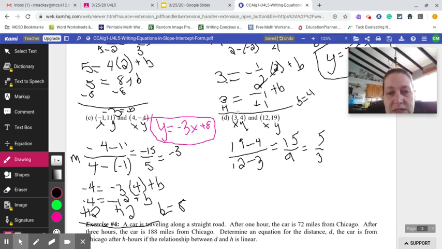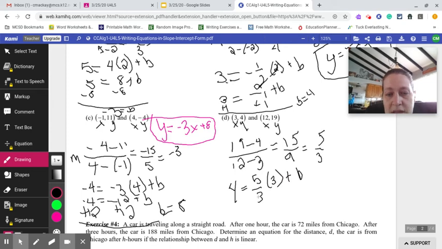So we're going to use the first set of numbers. We're going to use 3 and 4. 4 is my y, so 4 equals 5 over 3 times 3 plus b.